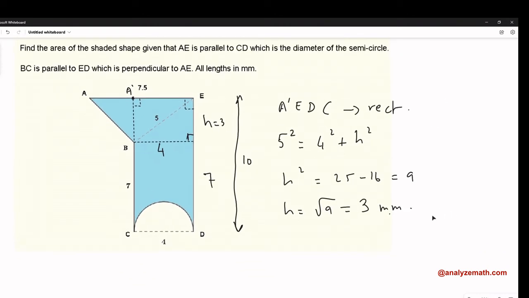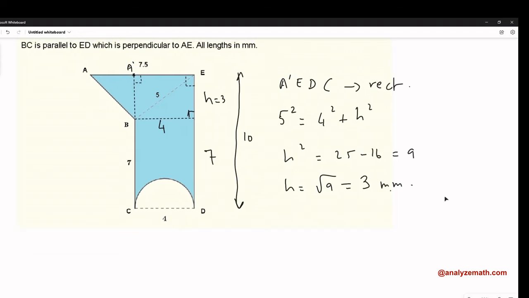Good. Now we have all the information to find the area of this part here without the semicircle. We just take the area of the big rectangle, A dash ECD, which is 10 multiplied by 4. Let's call this area A1. So it will be the area of the big rectangle, 10 multiplied by 4, and then we subtract the area of the semicircle, which is half pi r squared.